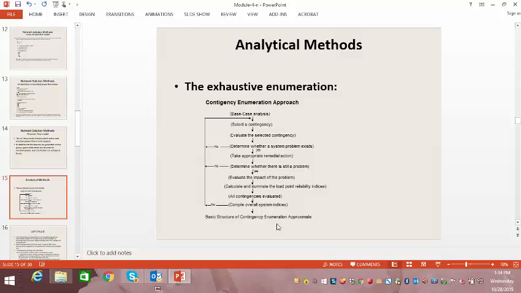However, as we have seen in the multi-area reliability, this approach is not feasible for the bigger power systems.